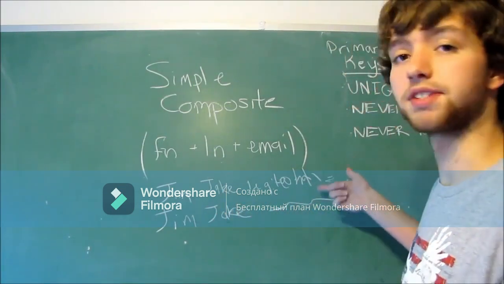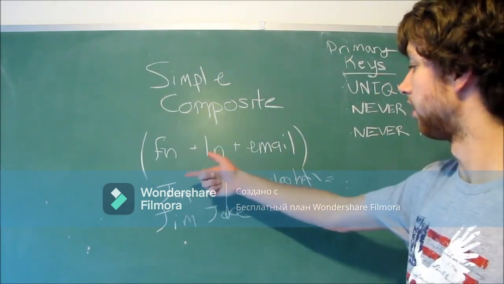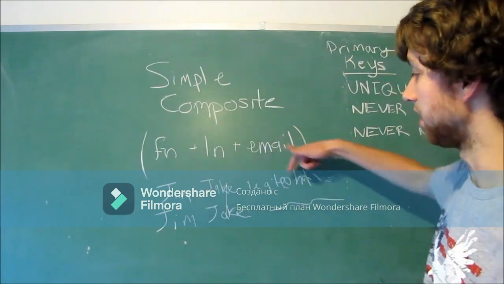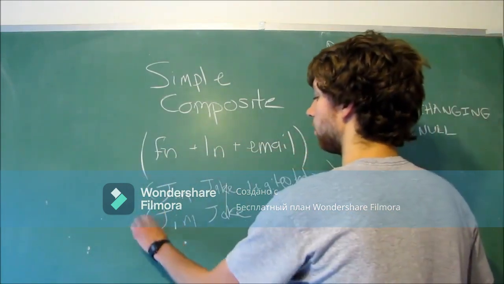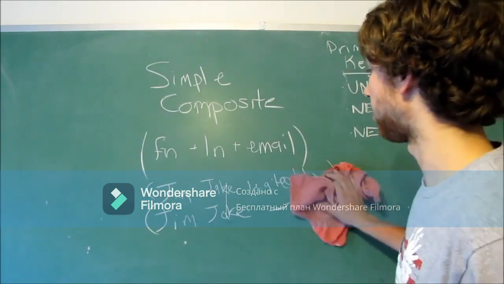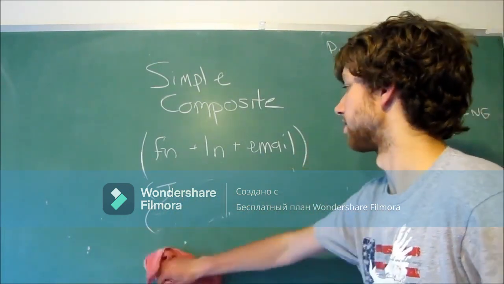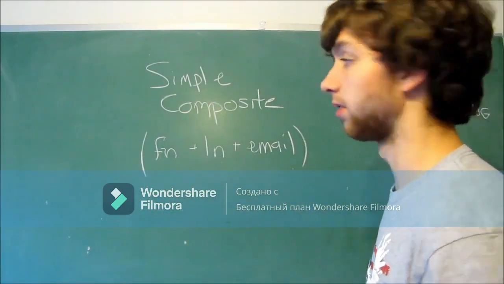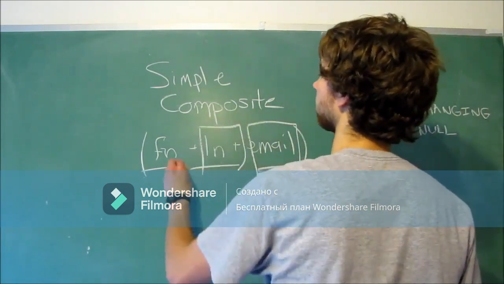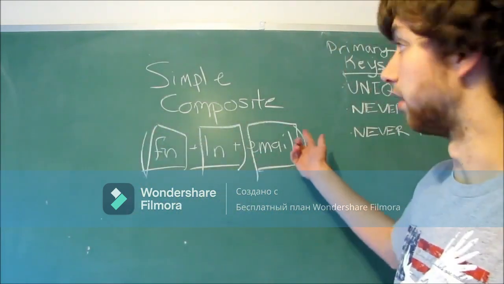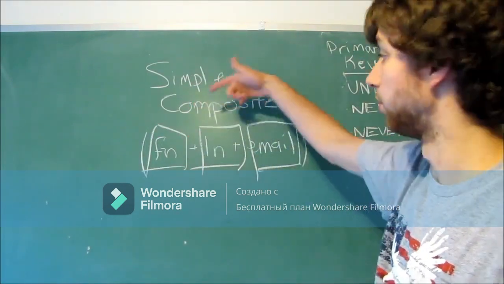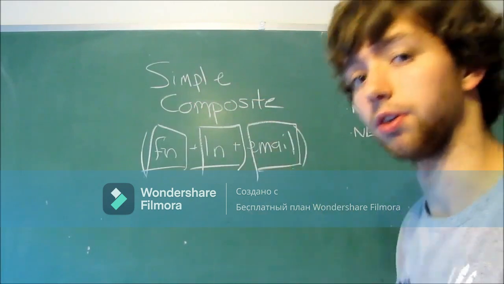Well, these two are still separate, they're unique because the combination of the three are unique. Jim and Jake repeat, but the email is different. So these as a whole are different values for the primary keys. So that's an example of a composite primary key. The reason is because it consists of three columns: 1, 2, 3. This is an example of a composite key, a composite natural key to be specific, because we're using things that are already naturally being stored within our database.